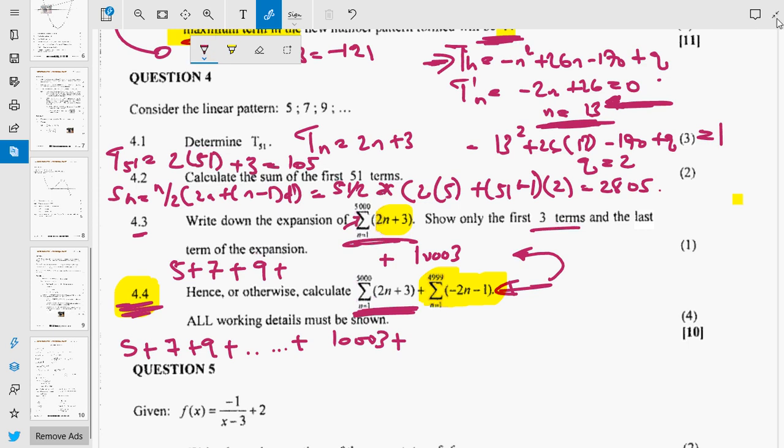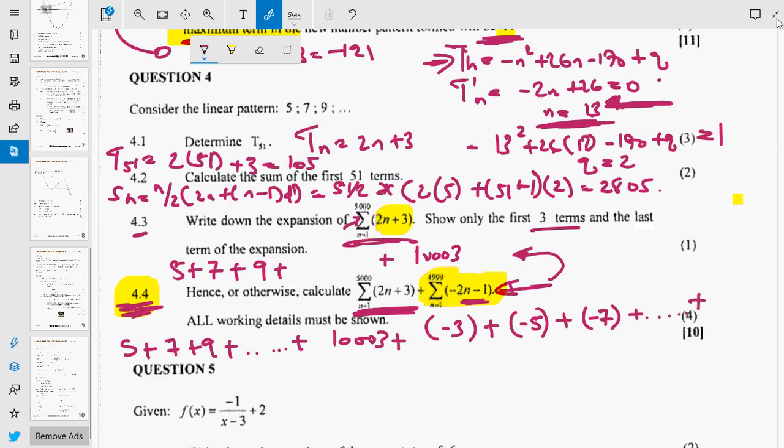Okay, so if I substitute 1 here, I'm going to get minus 3, right? Plus, if I substitute 2 there, I'm going to get minus 5, okay? Plus, if I substitute 3 there, I'm going to get minus 7.